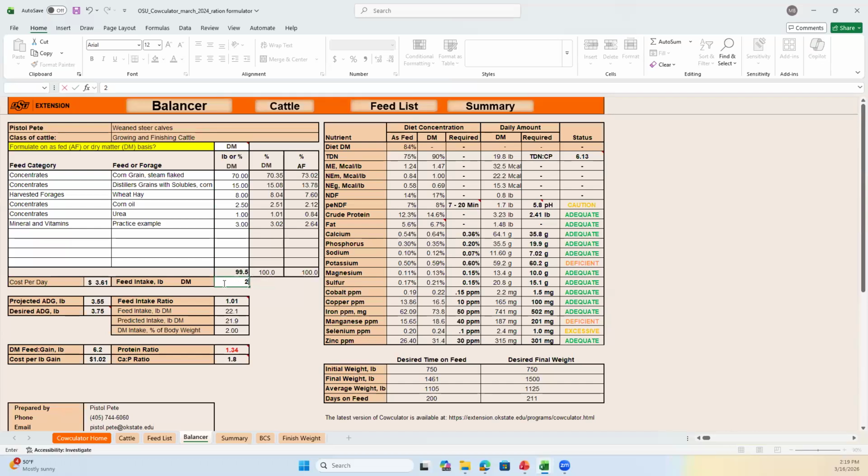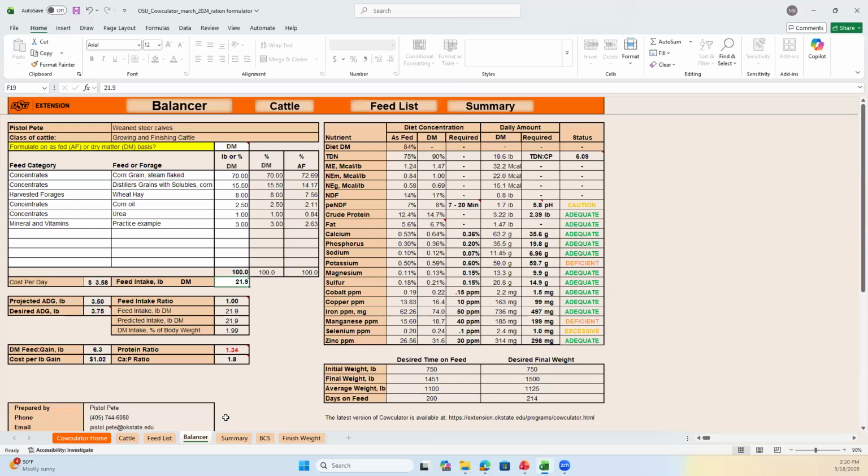Make sure this matches up, 21.9. My NEM is 1. My crude protein is between 13, what did I say it would be? Oh, less than 15%. So we're at 14.7. Call that good. All this adds up to 100.